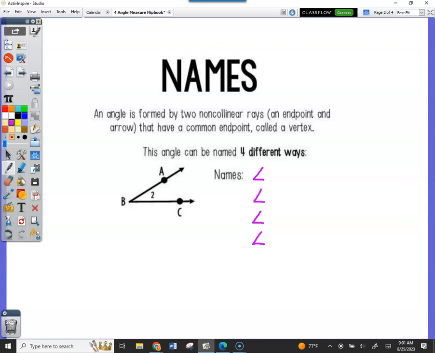All right, name one of them. ABC. And that's because what letter is the vertex? B. This is the vertex. Okay. What's another possible name for it? CBA. Again, the vertex is the middle letter. Has to be that way.